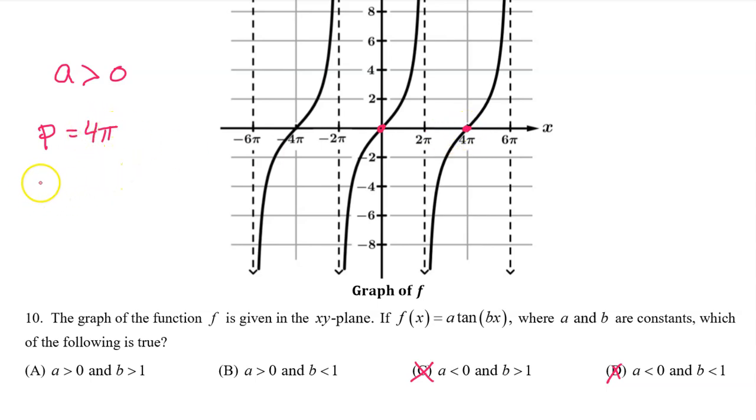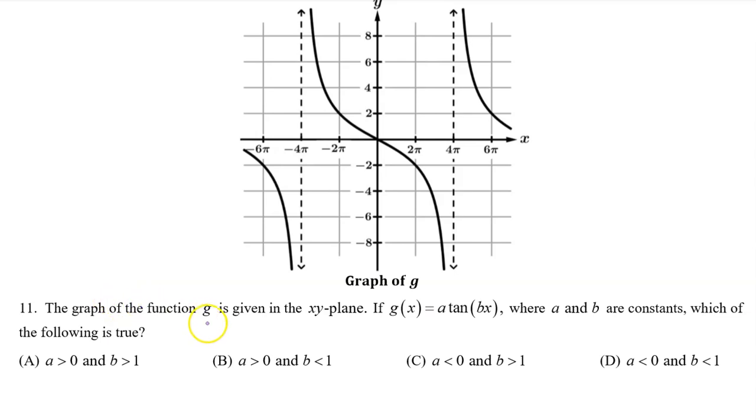We know that the b value will be pi divided by the period for a tangent function. So that's pi divided by 4 pi. The pi's will cancel each other out, leaving a b value of 1/4. This is less than 1, so the answer is B.